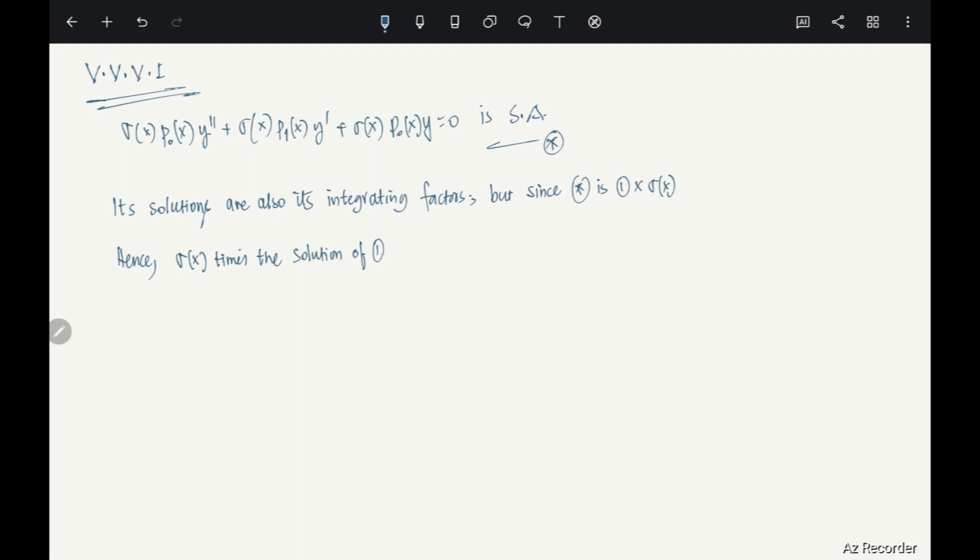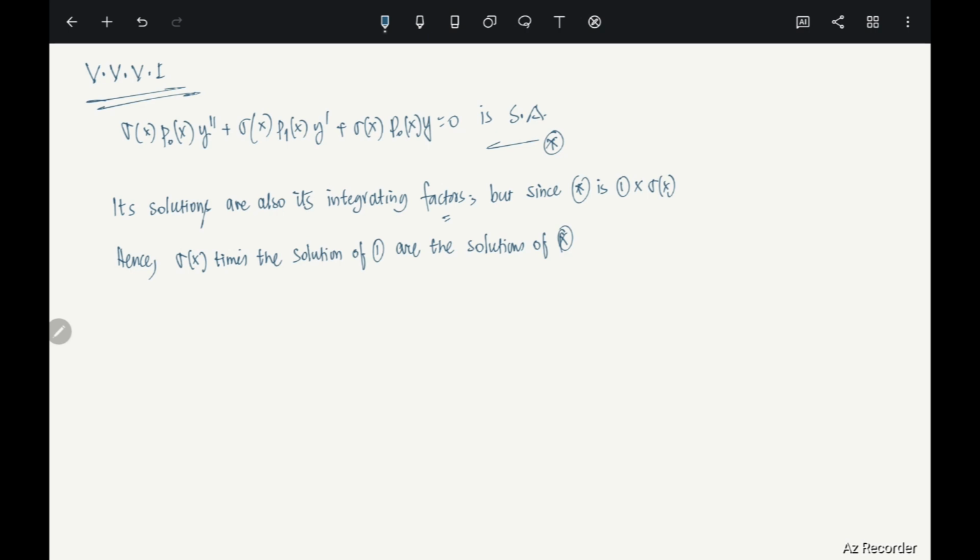So sigma x times the solution of 1 are the solutions of star, which are also the integrating factors, because solutions are integrating factors.